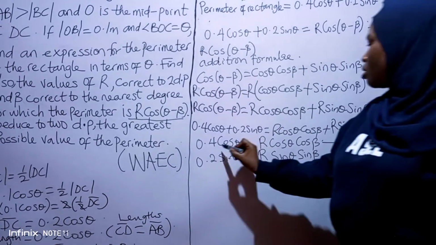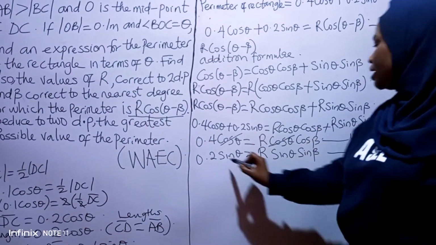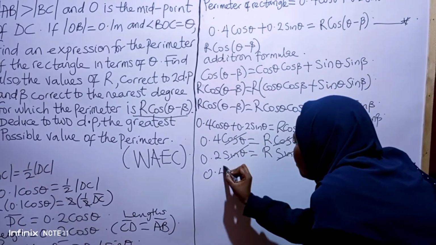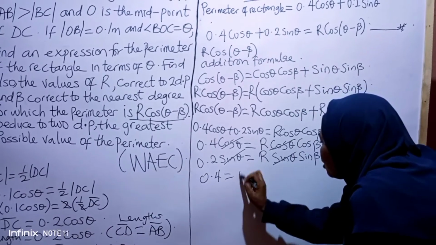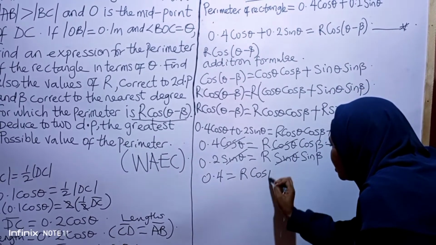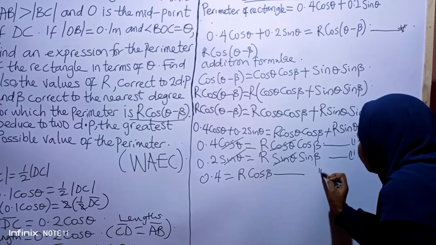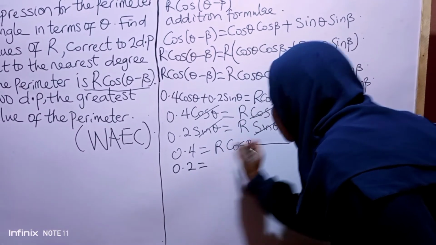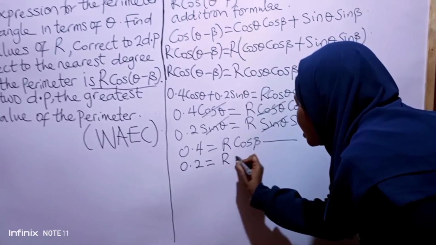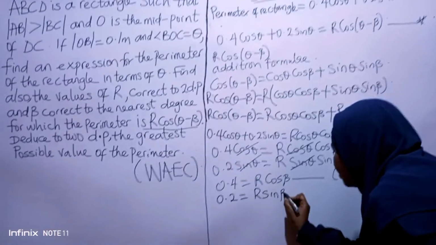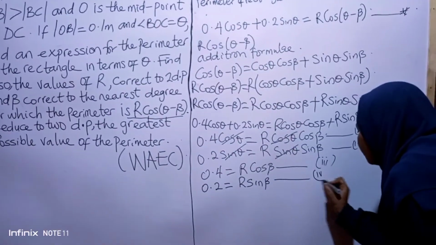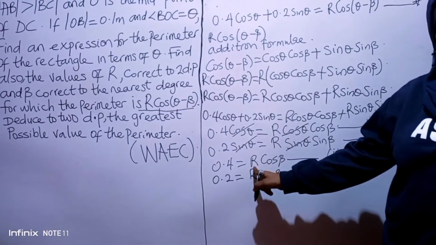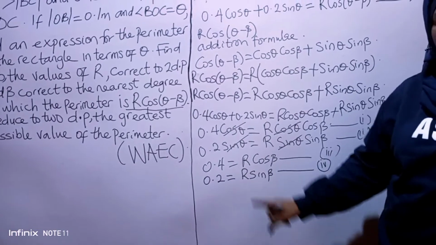From here, we cancel cos theta, and we cancel sin theta. So 0.4 is equal to R cos beta. This is equation 3. 0.2 is equal to R sin beta. Call this one equation 4. From equation 3, we can make R the subject, and from equation 4, we can make R the subject.